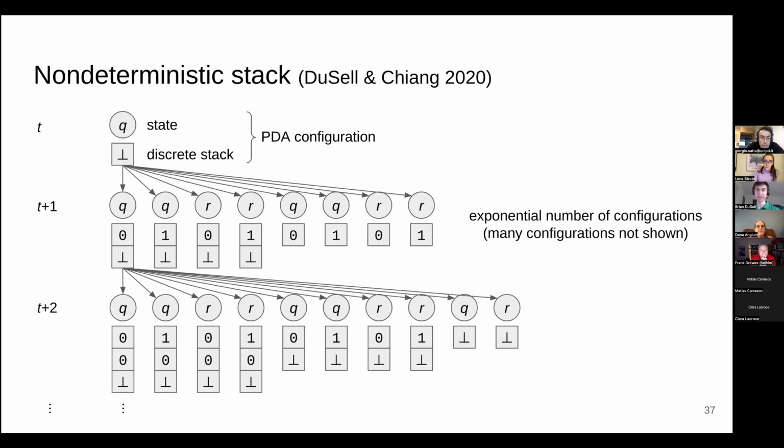Let's say the stack initially contains a designated bottom symbol, which is what the upside down T represents. This picture shows two generations of configurations where only the leftmost configuration is expanded. Many configurations are not shown here because in reality, every configuration would have its own descendants, and you'd have this exponential blowup of configurations.